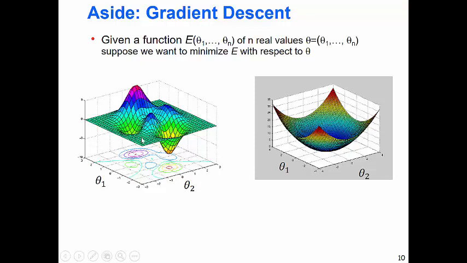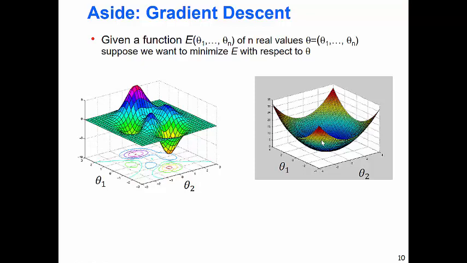I'm showing you a couple of ways of what this function could look like if you plot it with only two parameters. You could have a function that has many local optima, lots of hills and valleys, or you could have a nice convex function like this that's really nice to deal with.